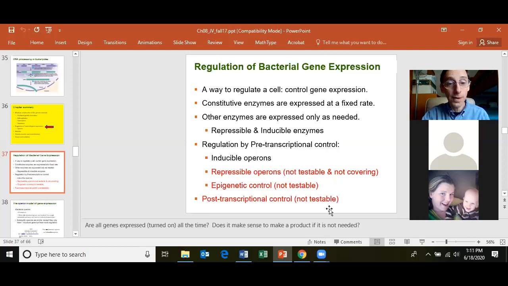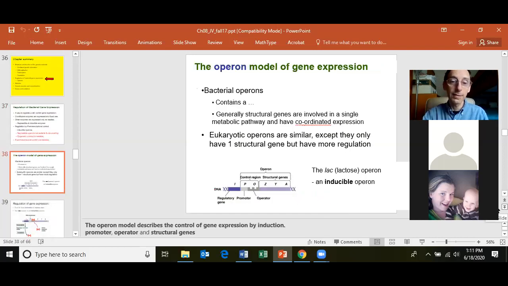We're not going to talk about the complexity of that. We're only going to be talking about genes being turned on or turned off. Any question about that? It's kind of to simplify things.